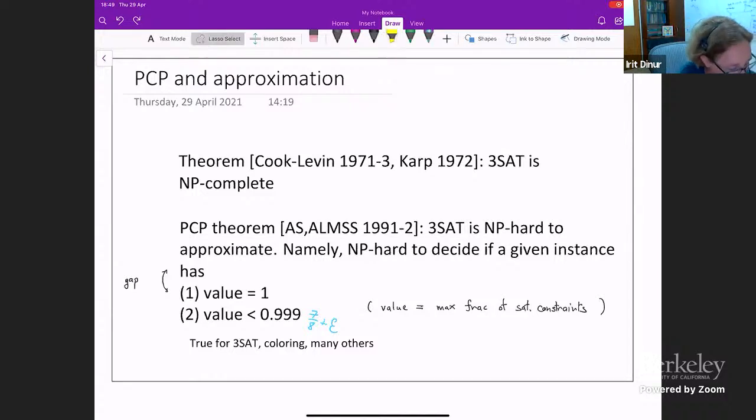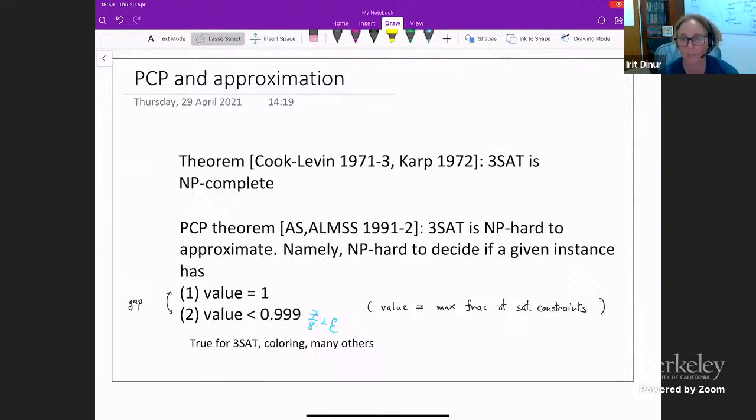if it's option 1 or option 2. Option 1 is that this instance has value 1. Option 2 is that the value is bounded away from 1: it's 0.999 or less. And what is the value here? The value of an instance is something we mentioned earlier.